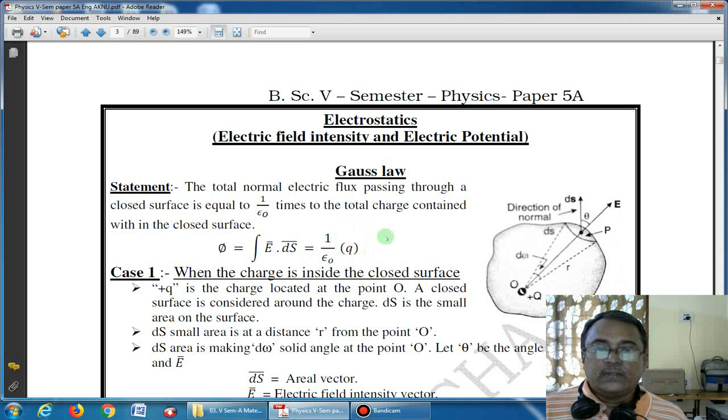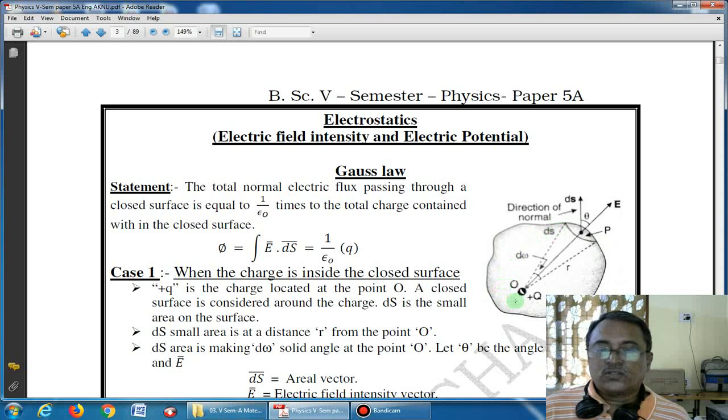But in this Gauss law, two cases will arise. The first case is when the charge is inside the closed surface, and the second case is when the charge is outside the closed surface.